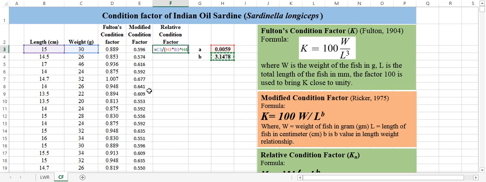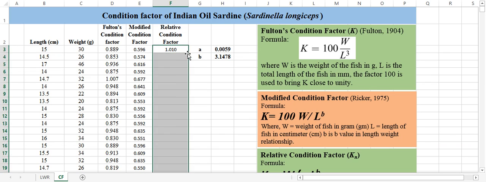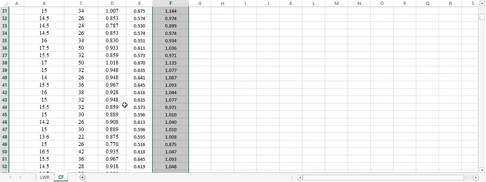Basically it is the weight of the species divided by a into L to the power b. Here we have also fixed the a and b cells by putting dollar signs. So here you get the relative condition factor. Okay, so we now have the three condition factors for all the samples.